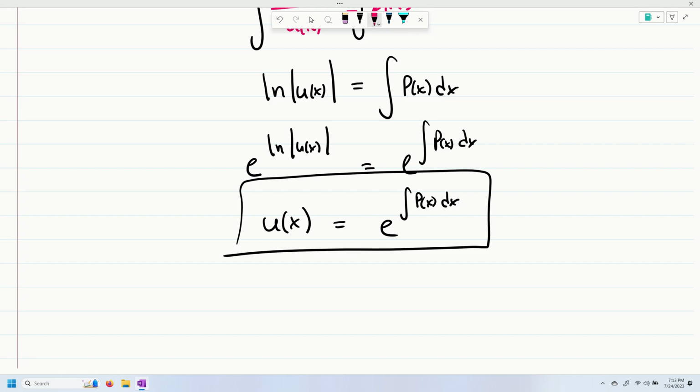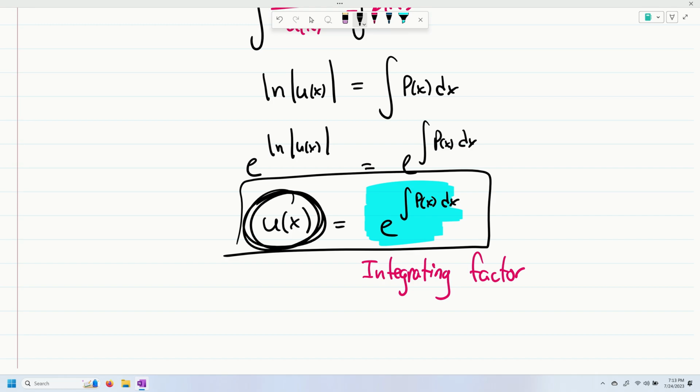What we're really looking for is this thing right here. And this is called our integrating factor.